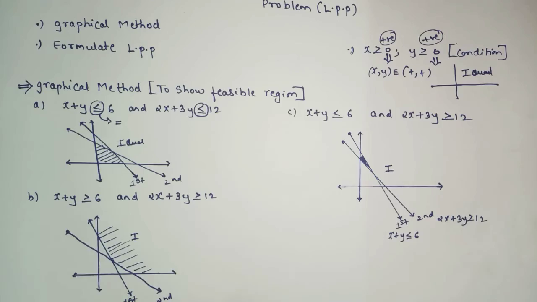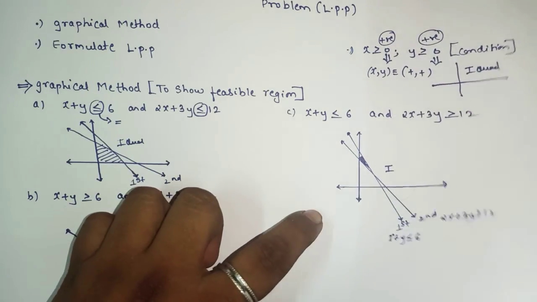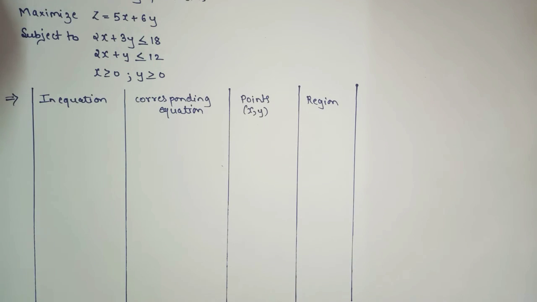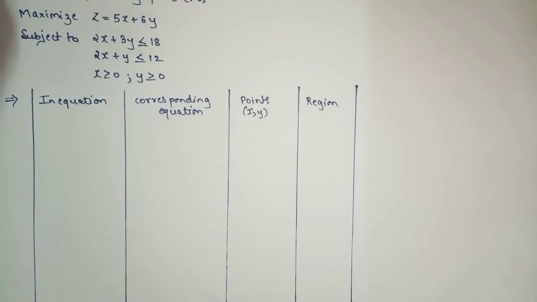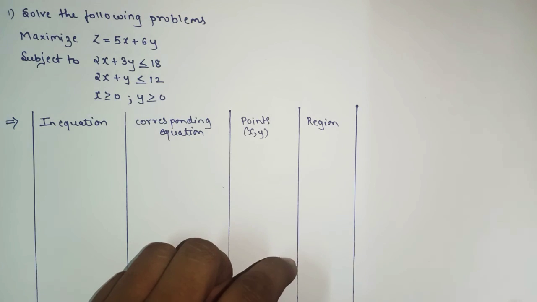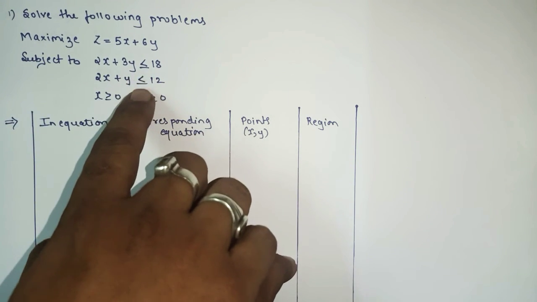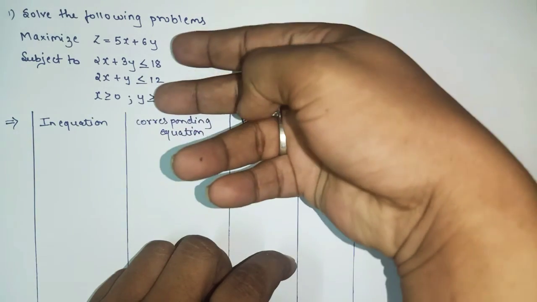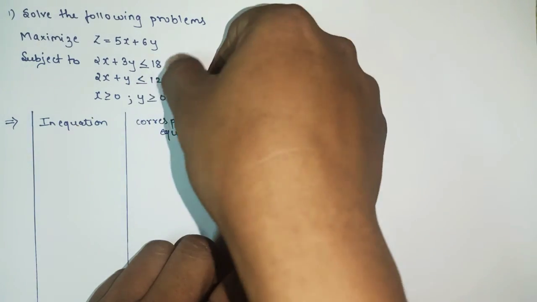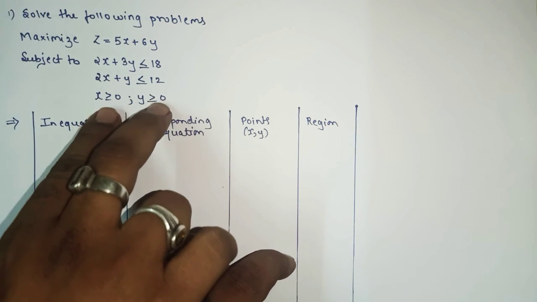we'll see one sum based on maximize. Maximize means less than equal to, so we'll see one sum based on less than equal to. Here clearly we can see that we have two linear inequations, and these are not equations, actually they are conditions.